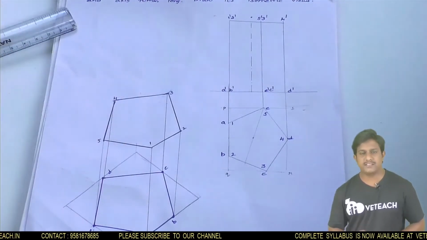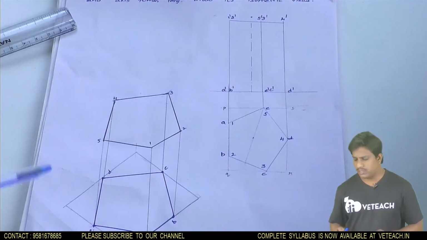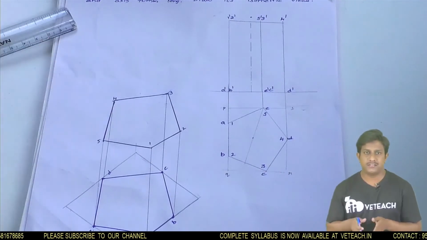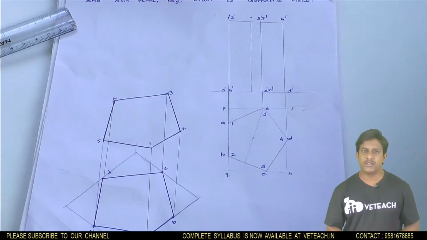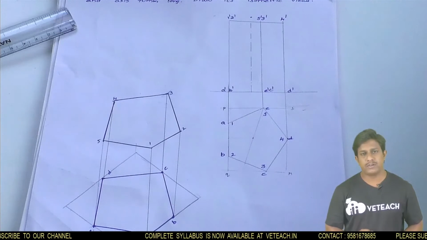Next, the axis given here is 70 mm. Now project all the points in straight lines, that is perpendicular lines, 70 mm from each and every point of the pentagon. You will get the top face of the pentagon.